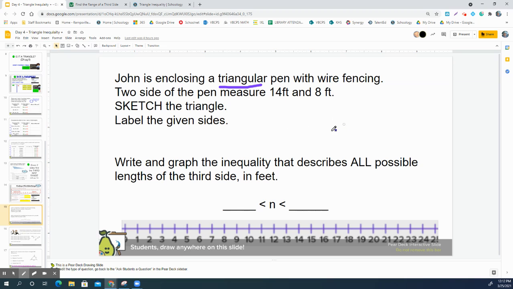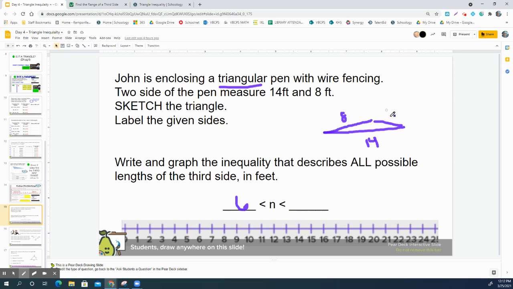So I've got a piece of fencing that's 14. And I've got another piece of fencing that's 8. If I close that hinge between 14 and 8, what's the smallest piece that I could need for this triangle? 14 minus 8 is 6.